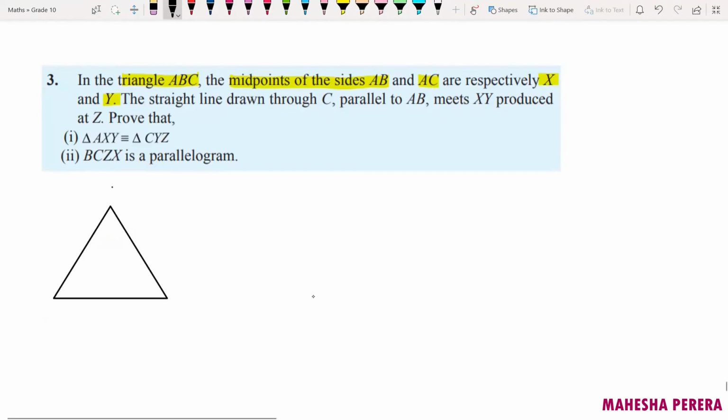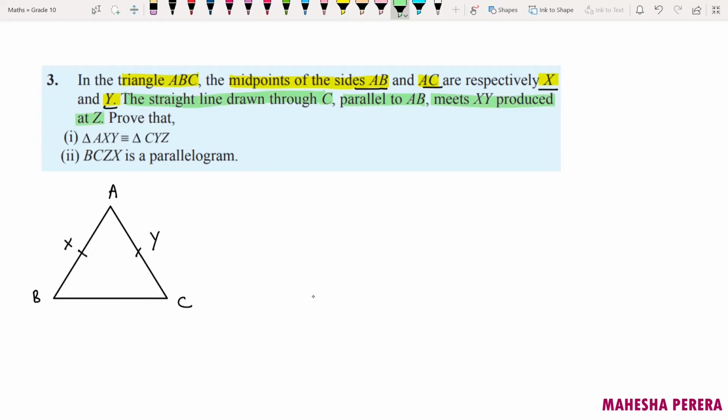Let's label it A, B, C. The midpoint of AB is X. Then midpoint of AC is Y. The straight line drawn through C parallel to AB meets XY produced at Z.